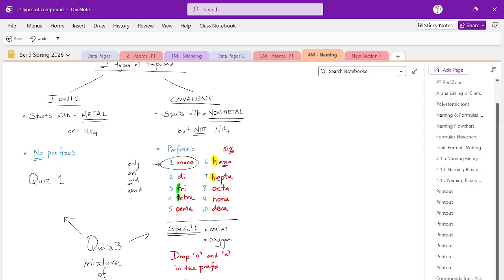Can you open your books to 3.1c, please?